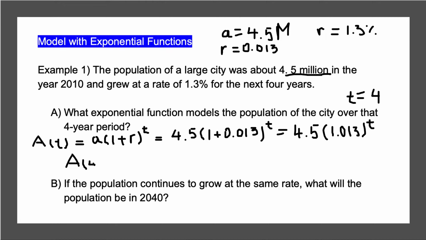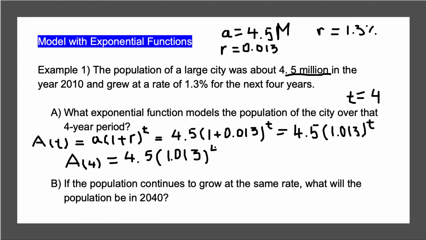Instead of t, I will write 4, because I want to find the exponential growth of the population for 4 years. So here I have 4.5 times 1.013, and everything goes to the power 4.